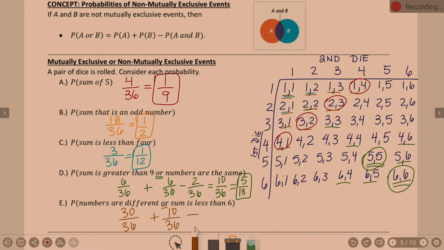Actually, 1, 1 and 2, 2 are the ones we get to keep, because the probability is numbers are different. So of these 10 pairs that had a sum less than 6, how many were different? All but the 1, 1 and 2, 2. So we're going to subtract off 8.